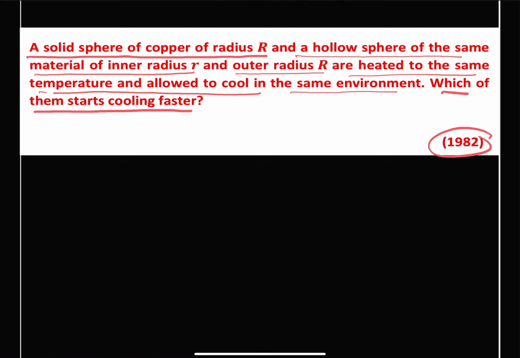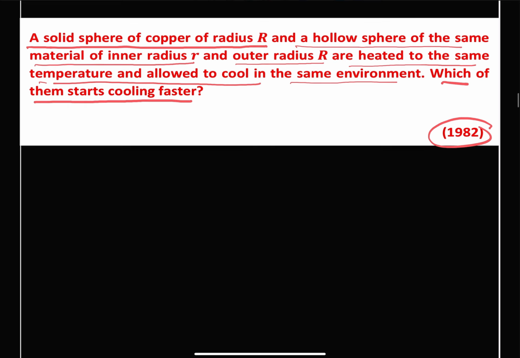So in this case, we have two spheres, one is hollow and the other one is solid, and they are of the same material. Both spheres are made of the same material, so they are going to have the same material properties.